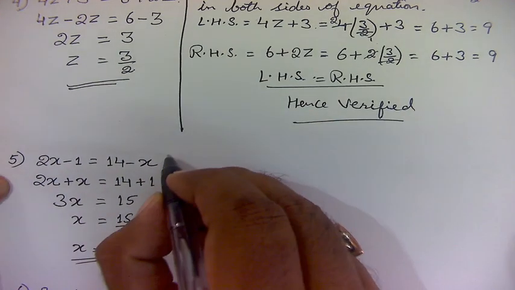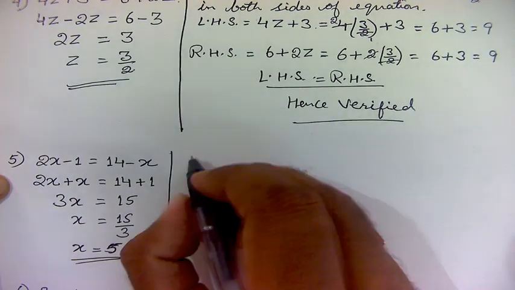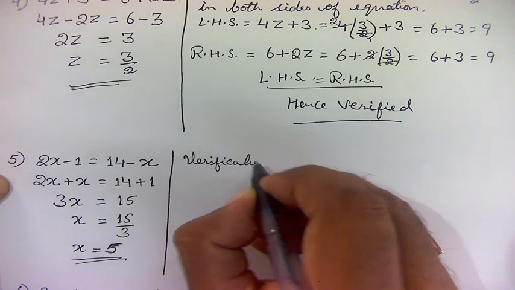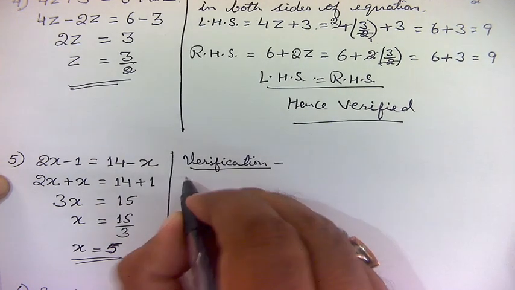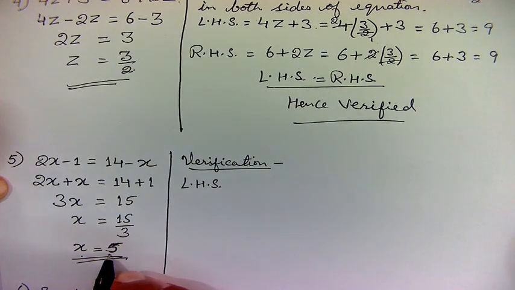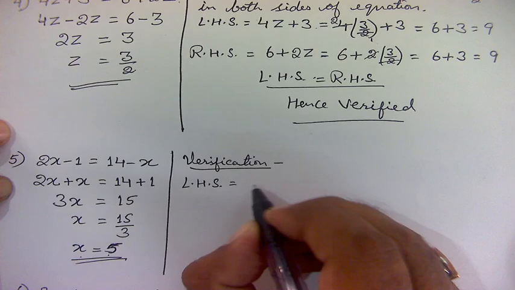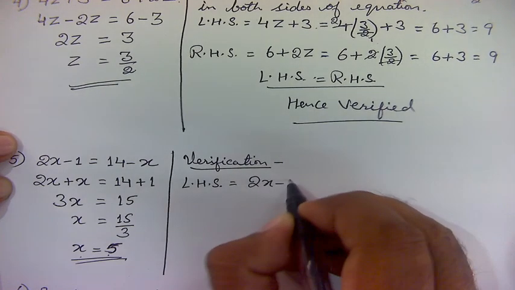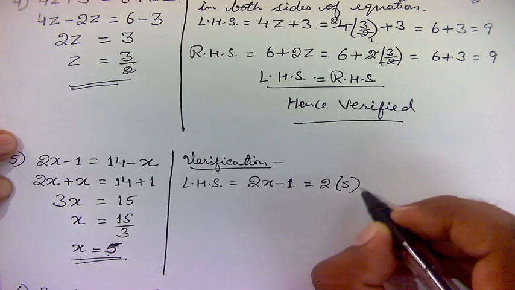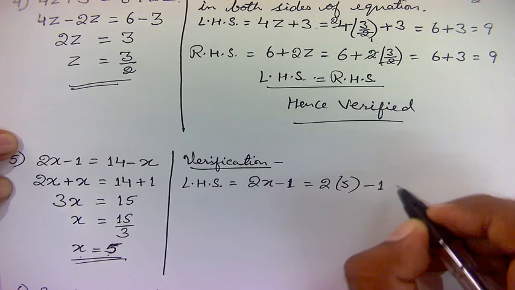Now the part to verify. So verification, what we will do? We will substitute the value of x as 5 on both the sides. So your left hand side is 2x minus 1. It will be 2 multiplied by 5 minus 1.